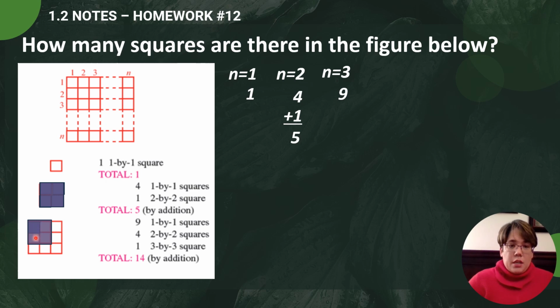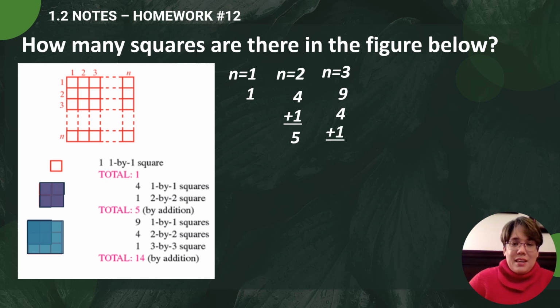We're going to have 1 here, another 2 by 2 here, another 2 by 2 in this corner, and another 2 by 2 in this corner. Hopefully you can see that. So that's 4 of those. Then we are going to have 1 big one, which is that 3 by 3.